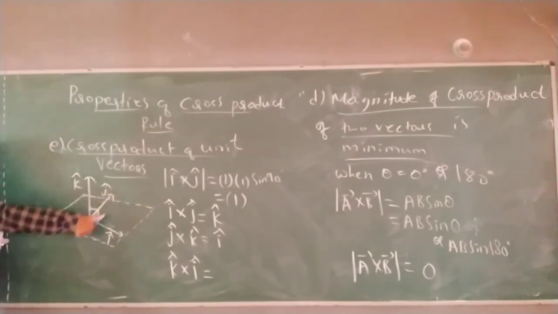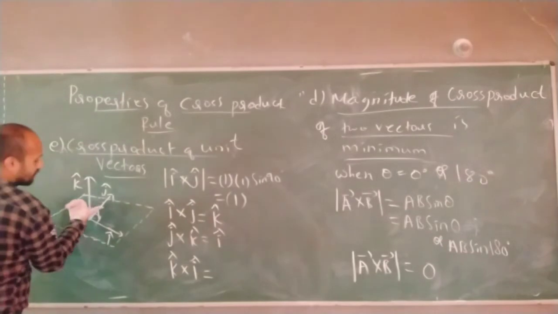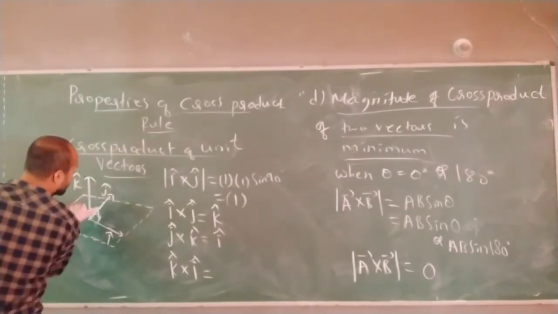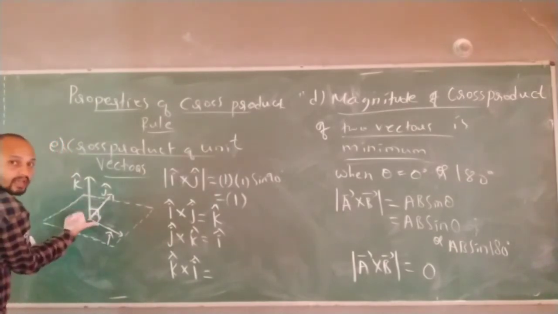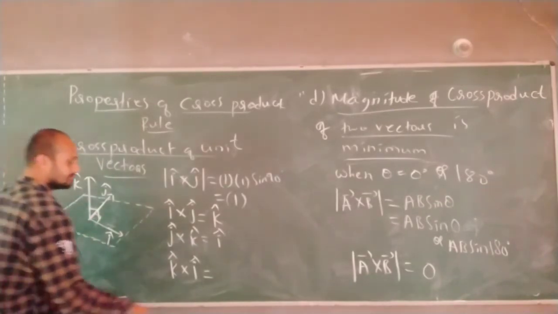Where is my thumb? It is towards j, because I am taking k cross i. Or you can take it like this: k cross i, my thumb is moving like this. So this will become j.